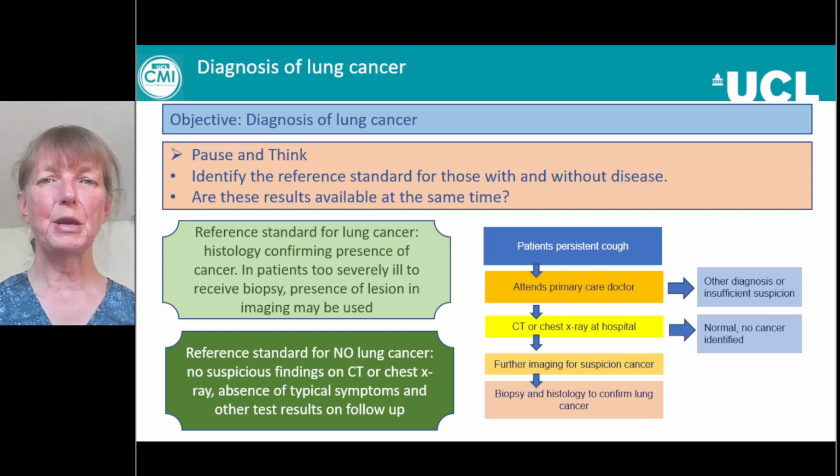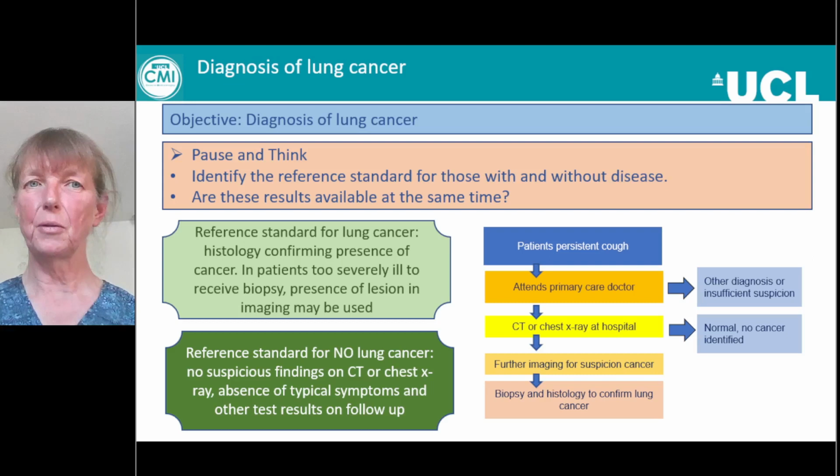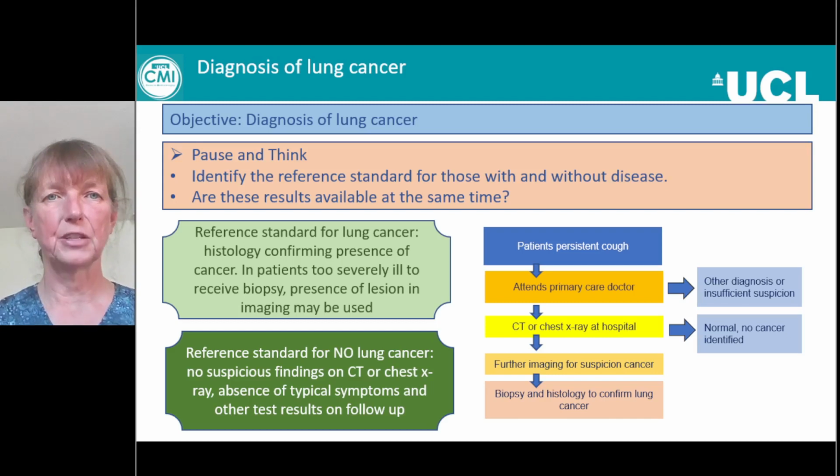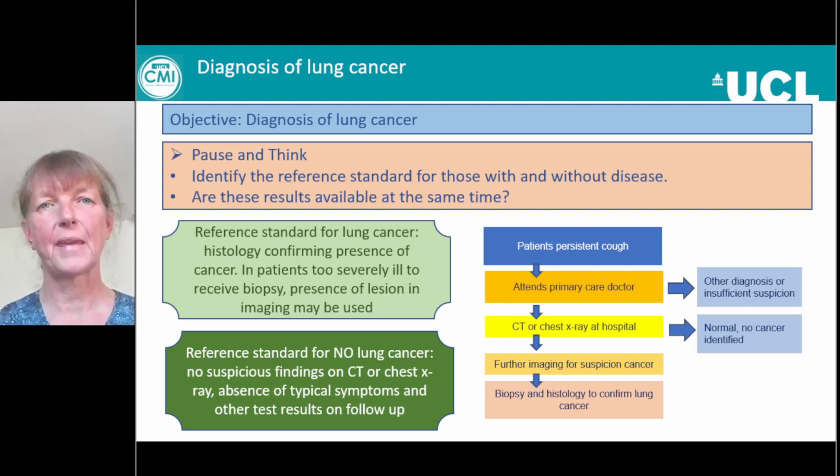And for all of the people without, it's likely there was a follow-up to see whether they actually developed any signs or symptoms of cancer as well. And again, from my description, hopefully you're able to realise that these test results are not all available at the same time. And that's both for the patients with lung cancer and the patients without lung cancer.